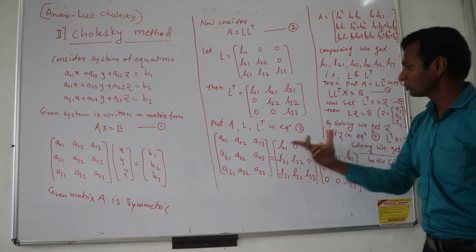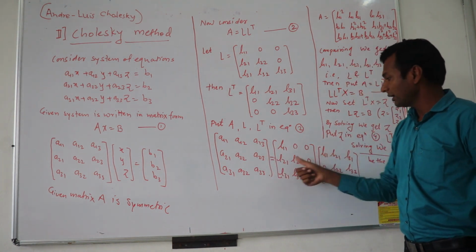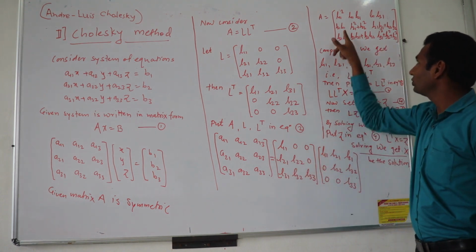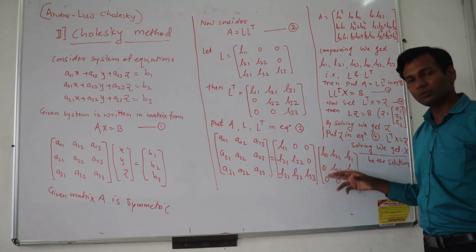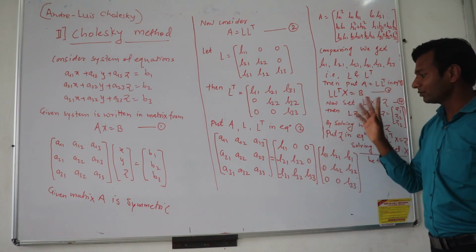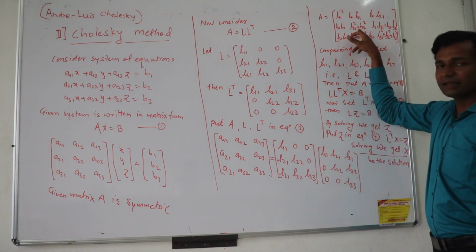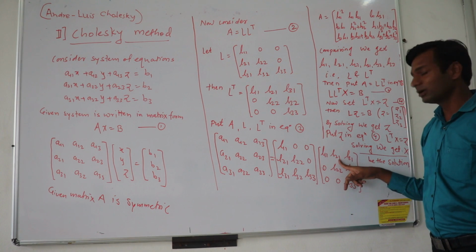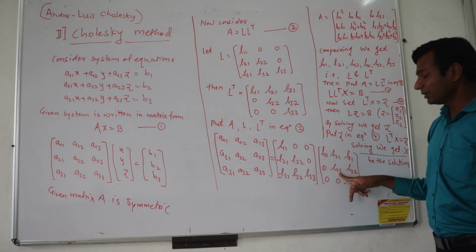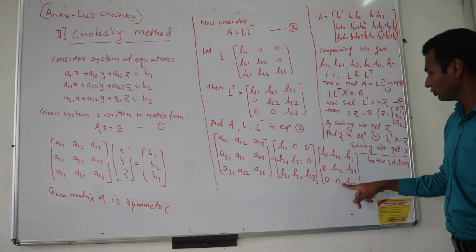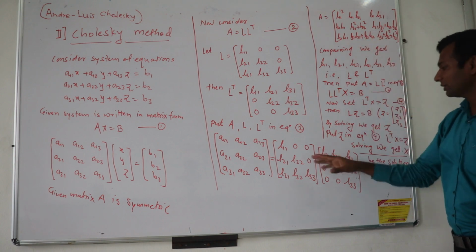Now we go for the second row. The second row is multiplied by the first column: L21 L11, L22 into 0 becomes 0, 0 into 0 becomes 0, so only L21 L11. Now second row, second element: L21 into L21 becomes L21 square, plus L22 into L22 becomes L22 square, and 0 into 0 is 0, so L21 square plus L22 square is the second element.